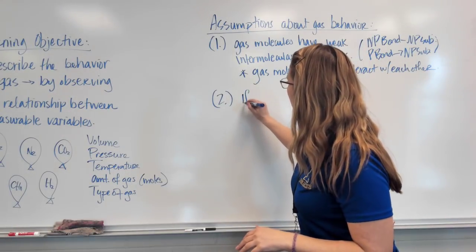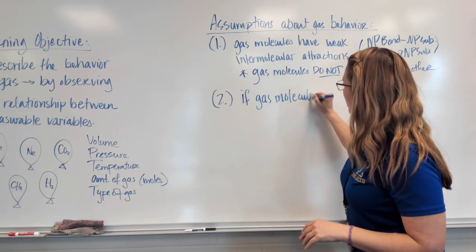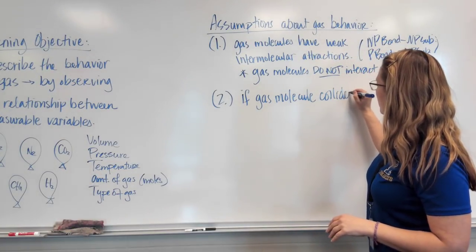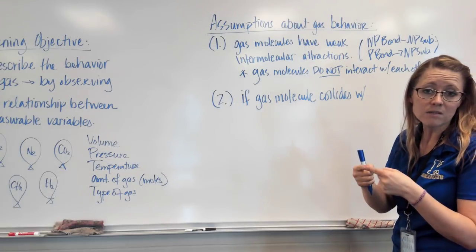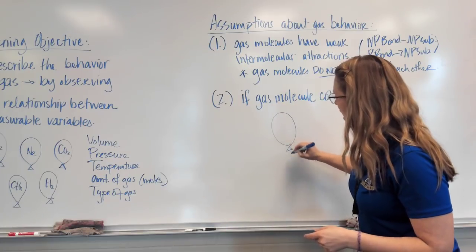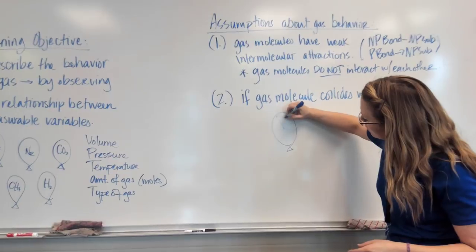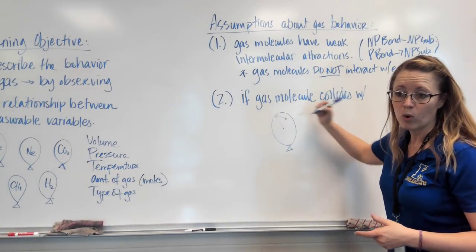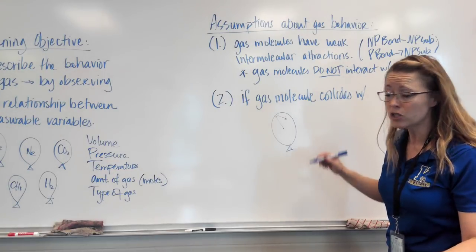So if a gas molecule collides with something, that something could be another gas molecule, or in my balloon, this gas molecule could be colliding with the wall of the balloon. I assume that's elastic. It hasn't lost any of its energy.